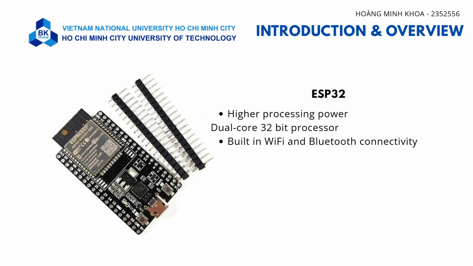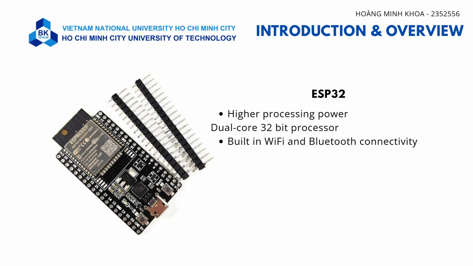And the second part, for the microcontroller, our project will implement the system using an ESP32 microcontroller. It has higher speed processing power than an Arduino board. And secondly, it has a dual core 32-bit processor.